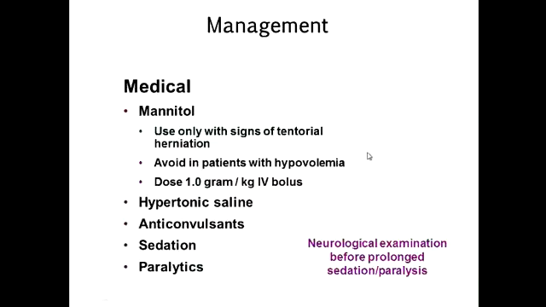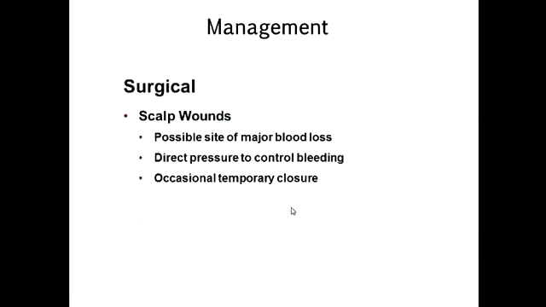We avoid mannitol in patients who are hypovolemic, who are often in that state because of other ongoing bleeding injuries. Another tool in the armamentarium is the administration of hypertonic saline to avoid undue swelling. Intracranial hypertension can also be controlled with anticonvulsants, adequate sedation, and when necessary, paralytic agents.